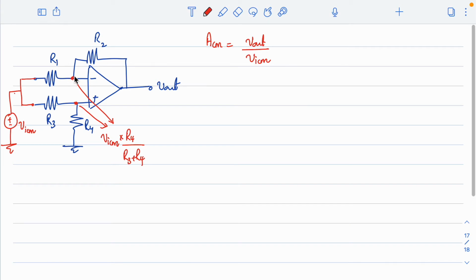Now if I want to write V out, I can write it in two ways. One is, I know this node voltage, and this node voltage minus the drop across this can be written as V out. So how is that possible? When I connect this to VICM, say this terminal is carrying a current I1. That current cannot flow into this input terminal, so this current has to flow through R2 only.